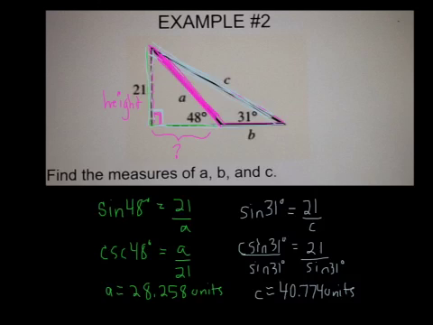So that unknown measure, let's see, 21 squared plus this unknown measure squared should equal A squared, which is 28.258 squared. And if I do my math correctly, question mark squared is about 1,221.519. Oh boy.